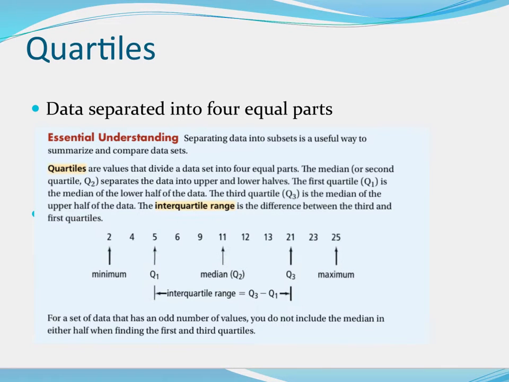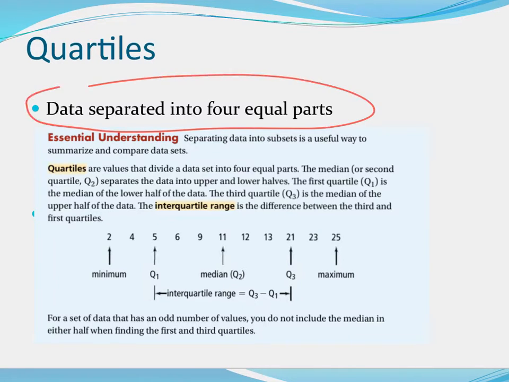Before the actual discussion of box and whisker plots, I need to talk about what are called quartiles. Quartiles: data separated into 4 equal parts. There's your definition right there. I've stolen the example straight out of the book. Here's a set of data, numbers. I don't know what they represent.